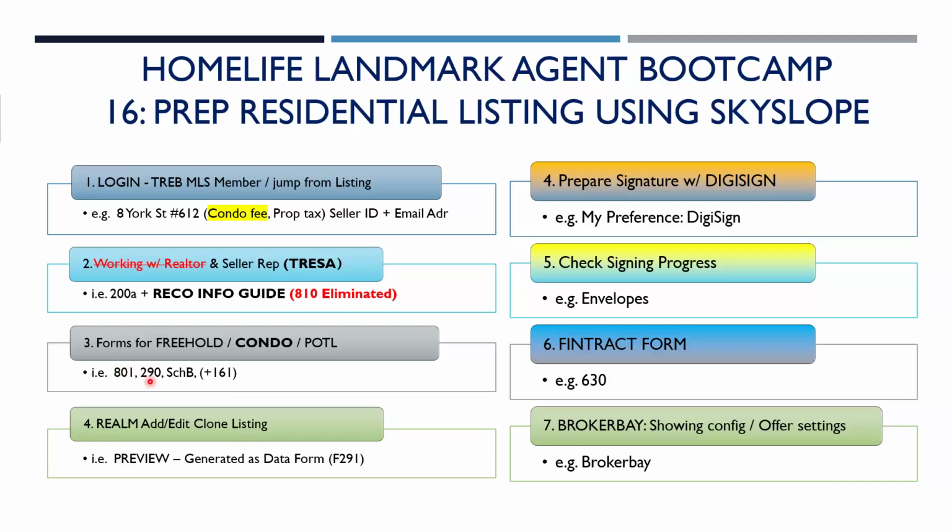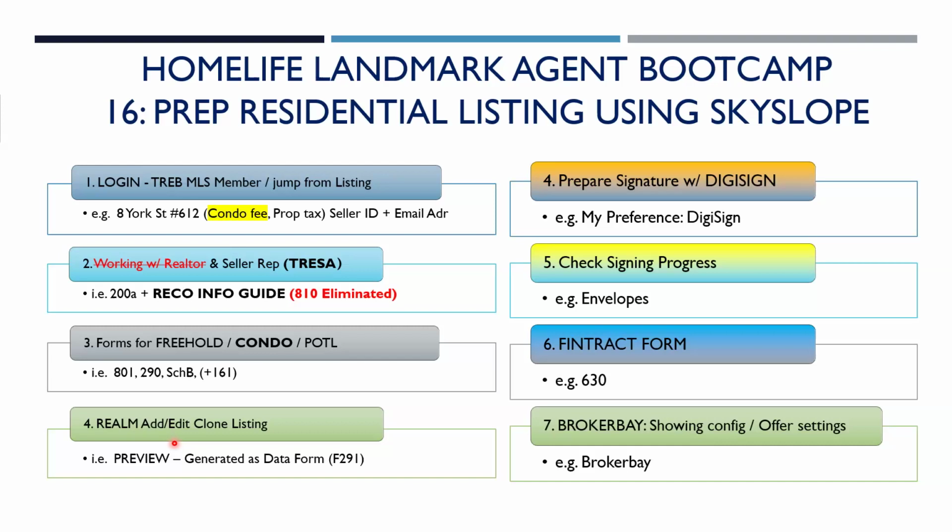Anyway, I'm going to show you another way to do the 290, because you don't have to do it twice, once for the 290 and once for the 291. This definitely was copied from the last slide. I didn't make a change, but I will make the change later on. The fourth thing is that from the Run Add and Edit, you can do Clone Listing.